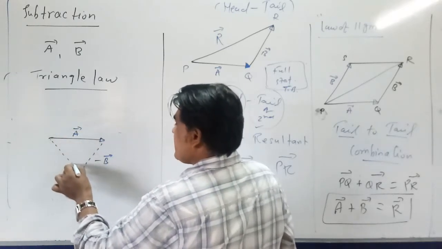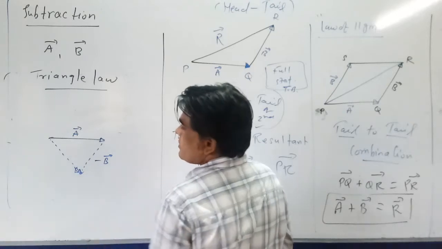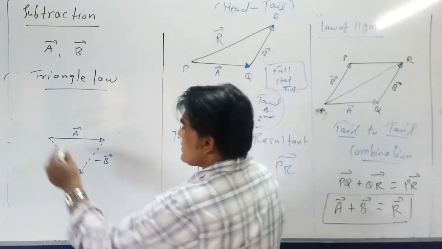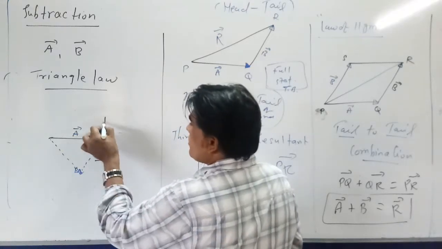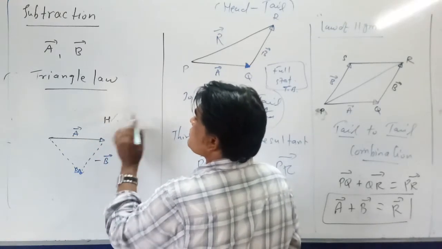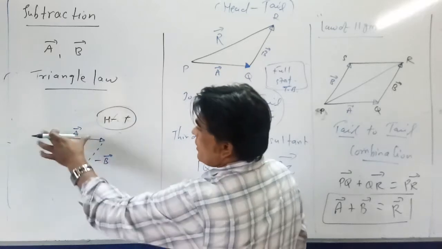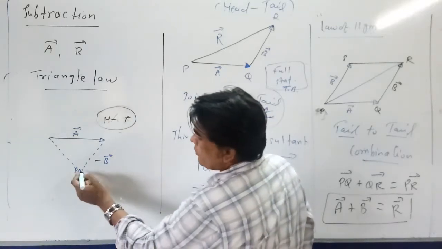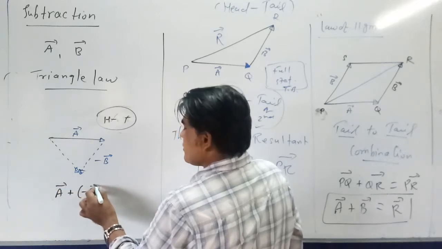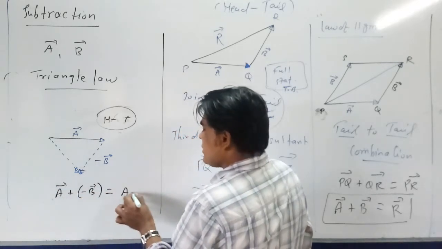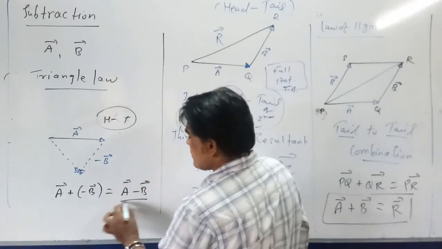And suppose I complete the triangle, then this is the third side. This is head-tail combination again, the head of one is lying on the tail of the other. So if I add A plus minus B, then it is A minus B only. Yes, this is the subtraction.